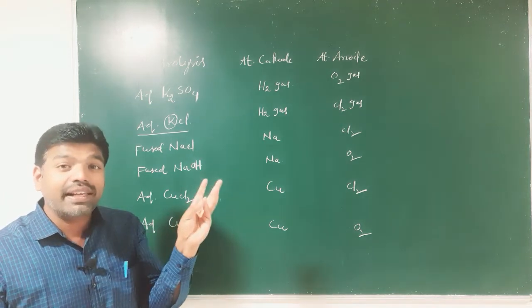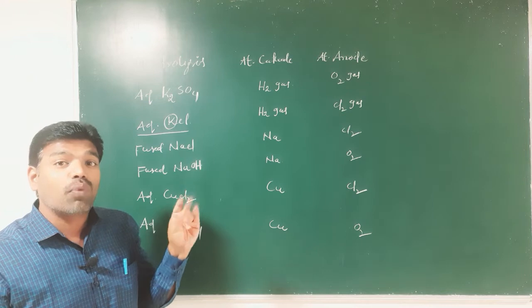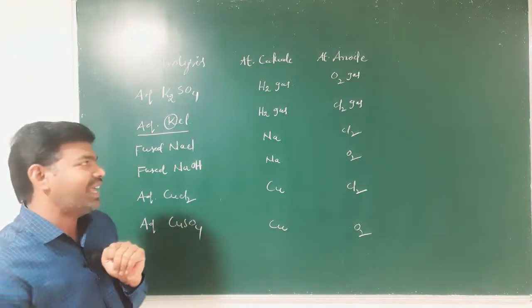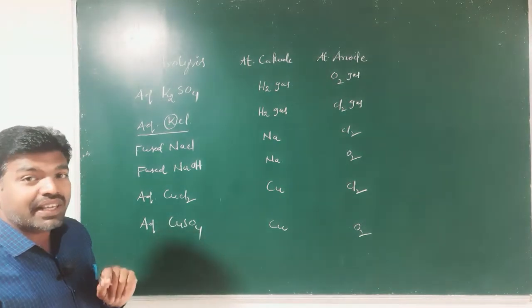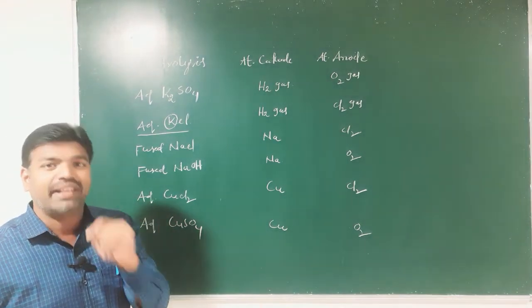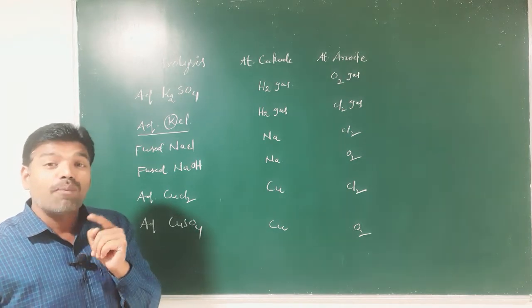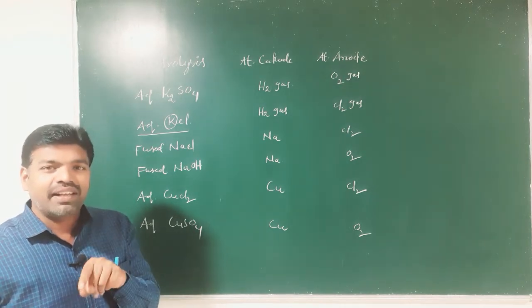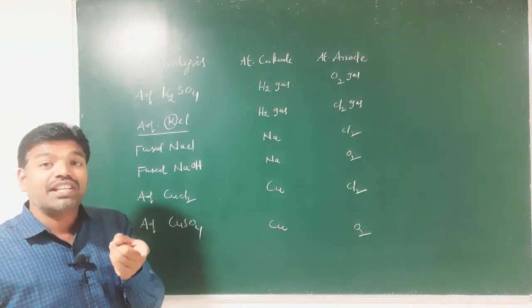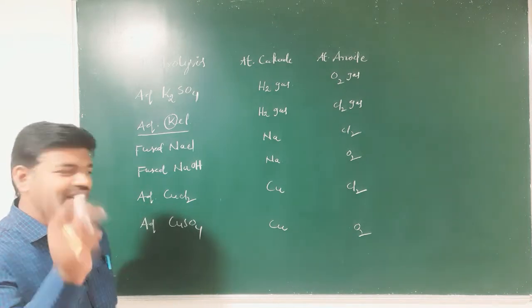Alkali and alkaline earth metals are more reactive than hydrogen. Another statement is, if hydrogen is more reactive than metal, then metal is deposited at the cathode. Let us see the example.